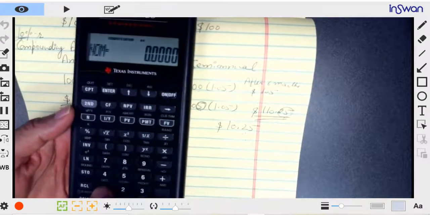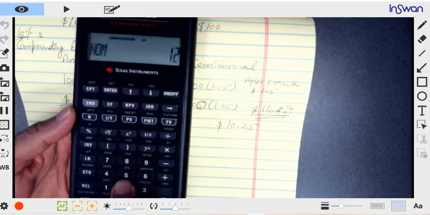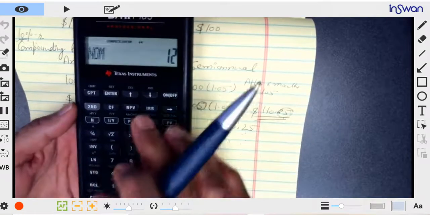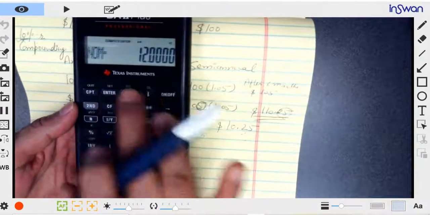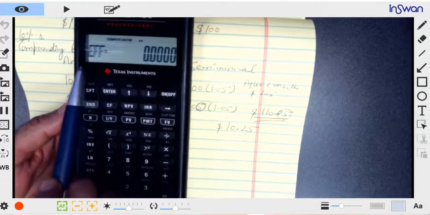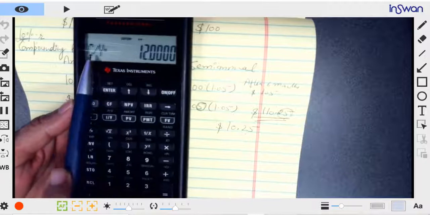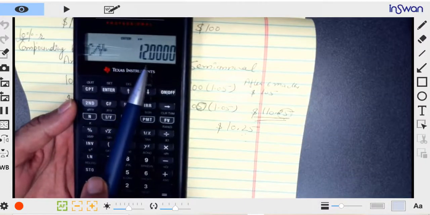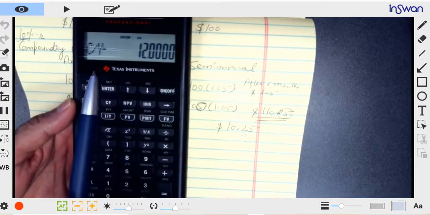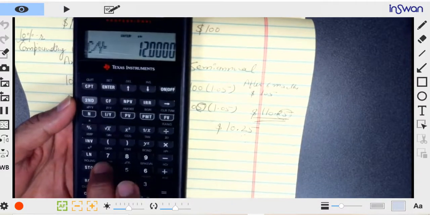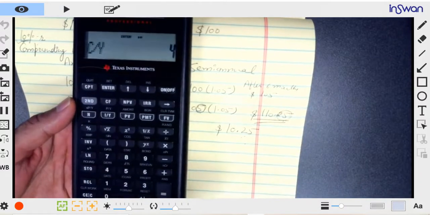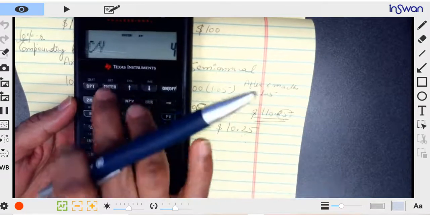So nominal rate, as in this example, was 12%. Enter. If you go down with the arrow key, it shows effective. You don't have to go for it. You are trying to see what your compounding frequency is. CY stands for the compounding frequency, how many times the compounding will take place. In our problem, it will take place 4 times.